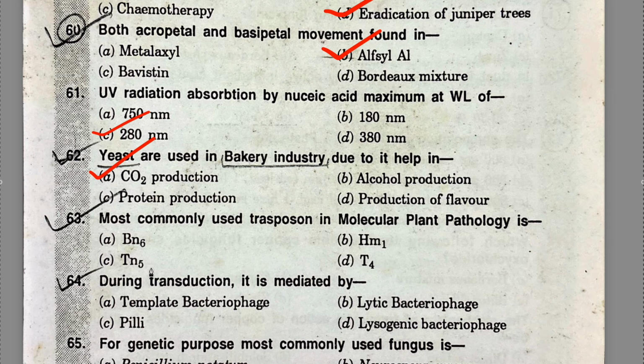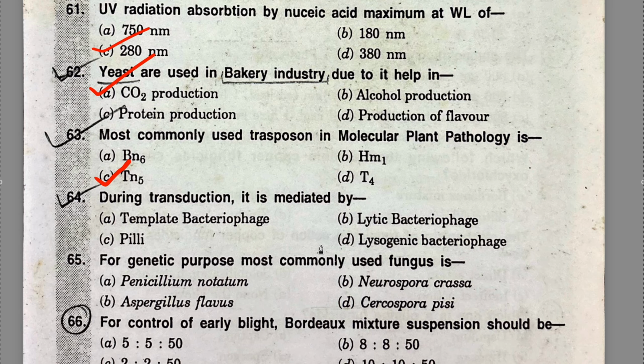Transduction is mediated by option A, template bacteriophage, lytic bacteriophage, pili, or lysogenic bacteriophage? The answer is lysogenic bacteriophage. I hope you are writing it down in your copy and doing revision with me.